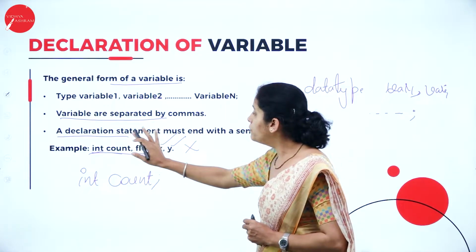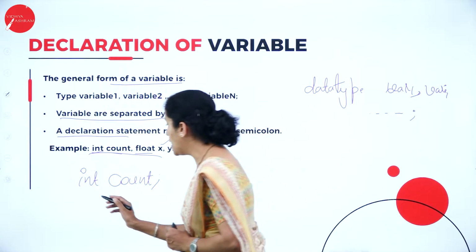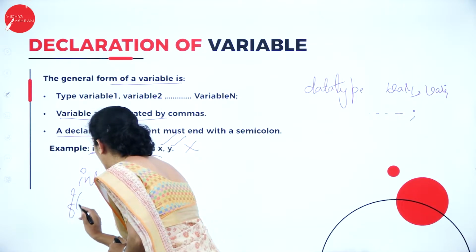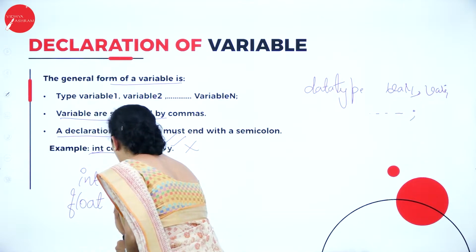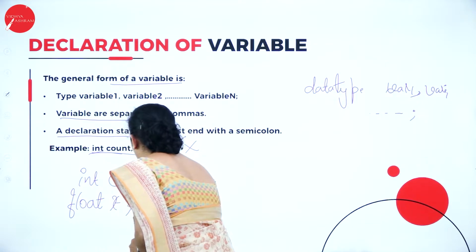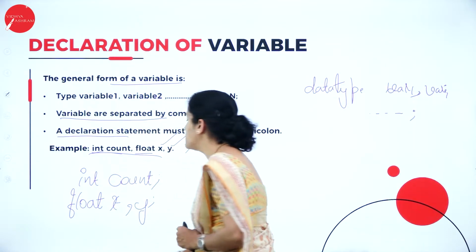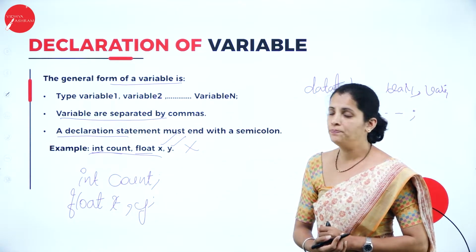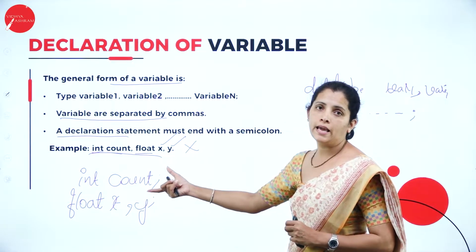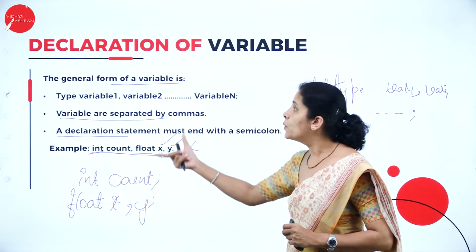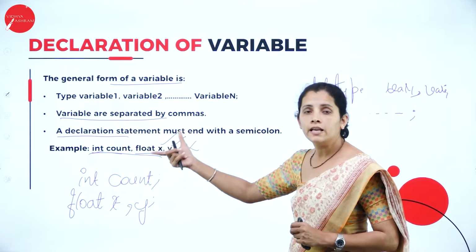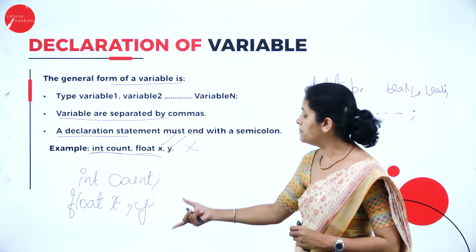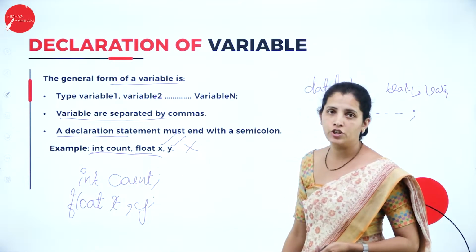Now see, float is another data type. So in the next line, I'll write float x, comma y, and I'll place a semicolon at the end. So this is the way I can write variables in my program. This is nothing but the variable declaration.